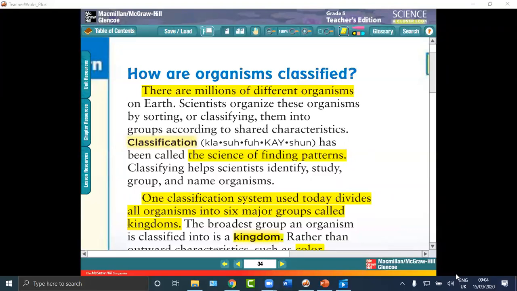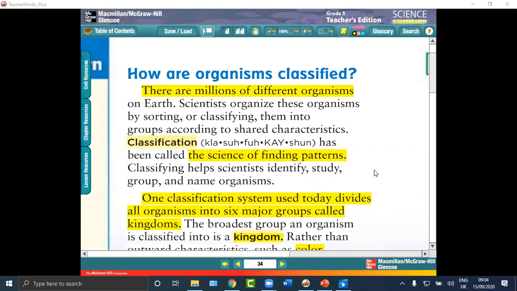Now, can you count some groups of living things? Any idea? Six. That's a number. When you answer, raise your hand. Okay.